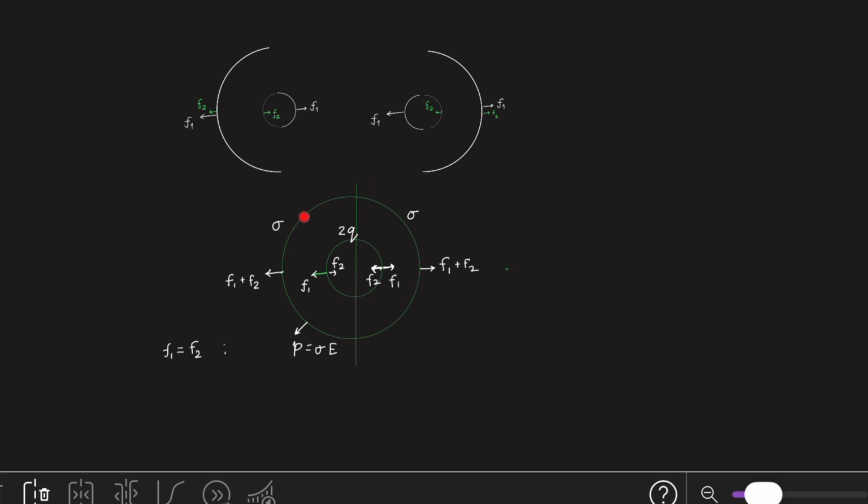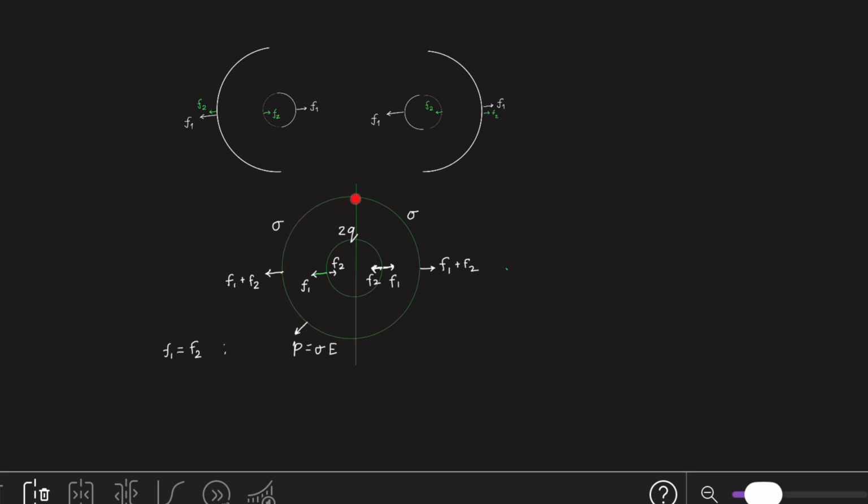Assume the charge density on the outer shell to be sigma, and on the inner hemisphere the charge given in the question is Q, and since we are adding the similar hemisphere, the total charge becomes 2Q. So this 2Q will make an electric field here, and that electric field will produce a force F1 plus F2 on the outer hemisphere.